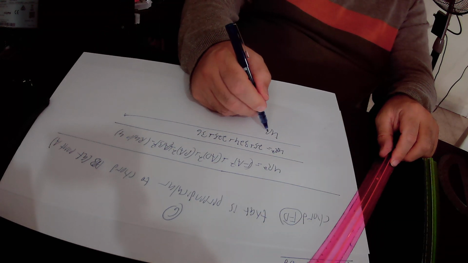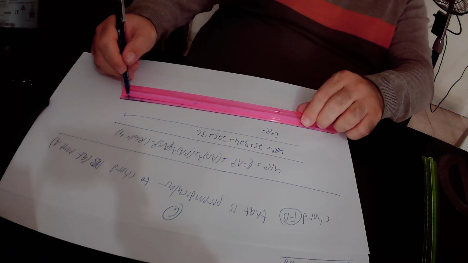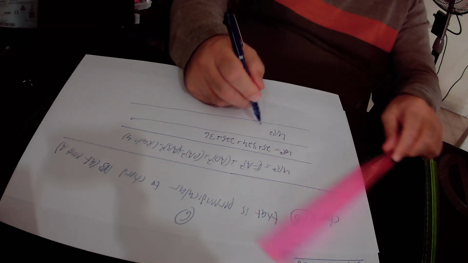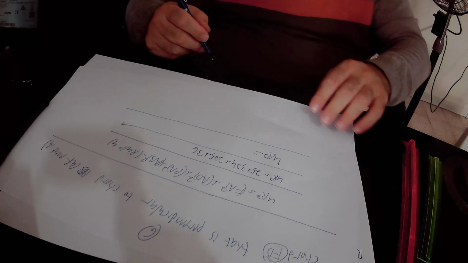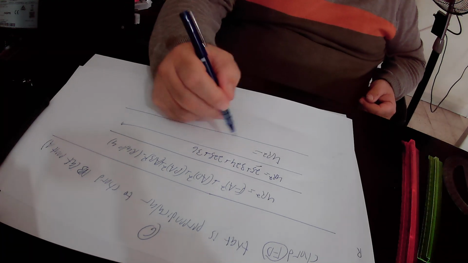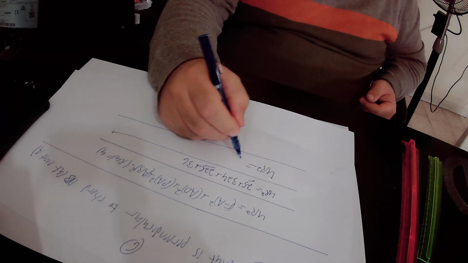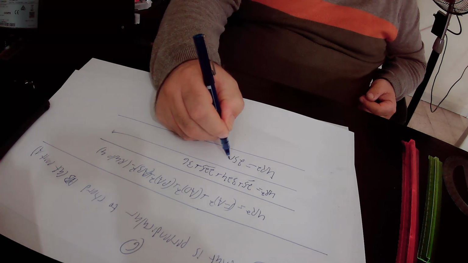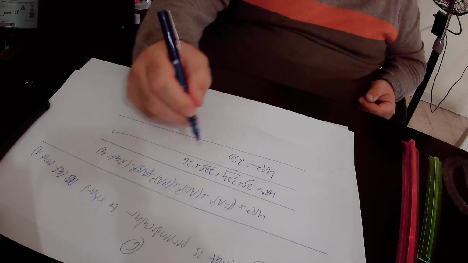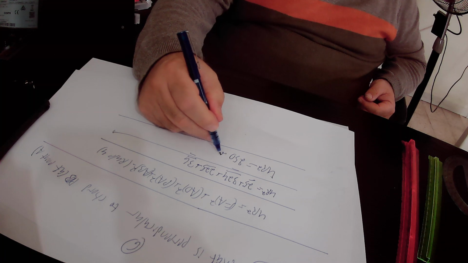4R square equals 25 plus 225 is 250, and 324 plus 36 is 360.